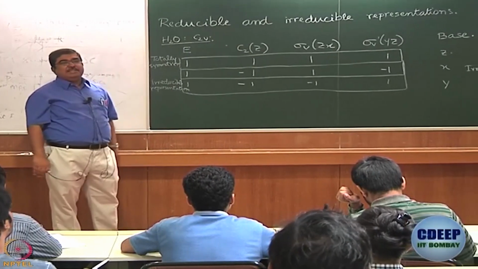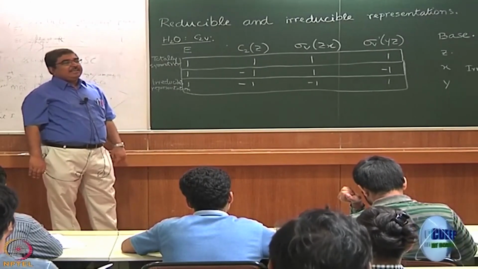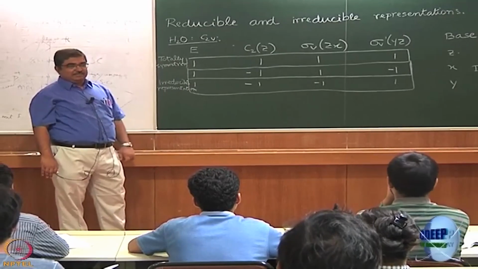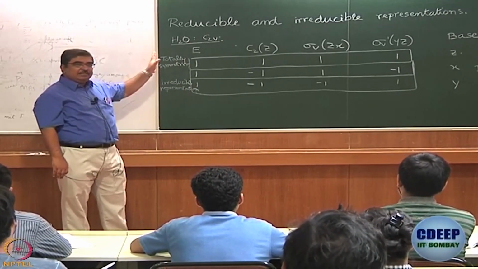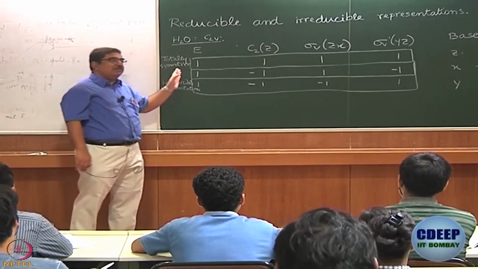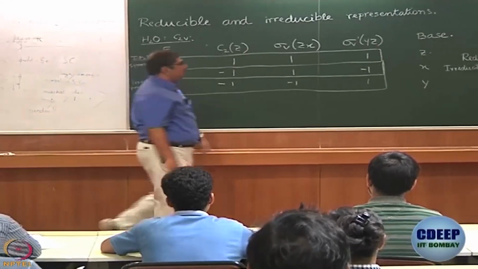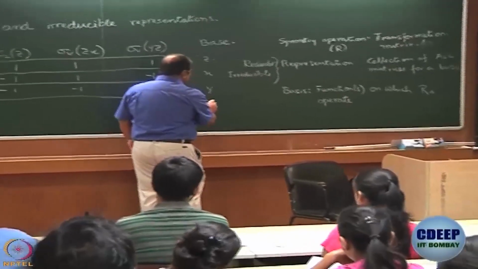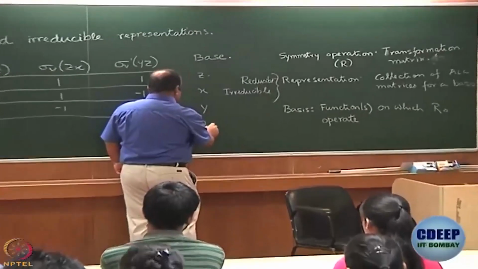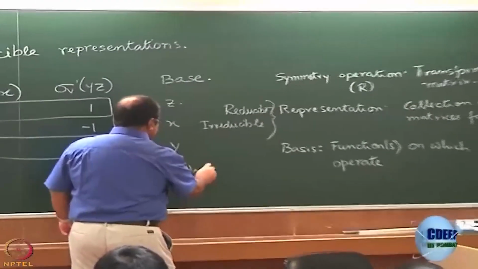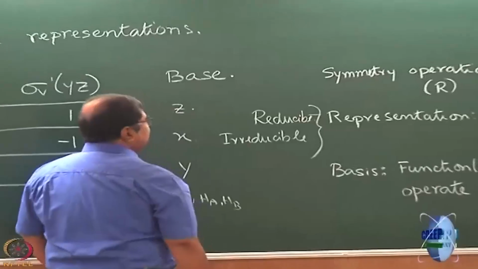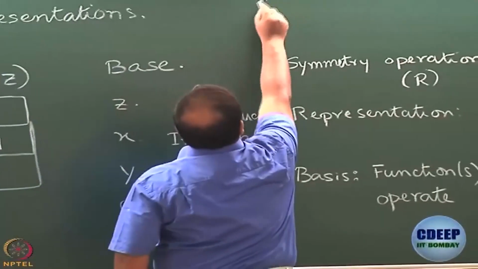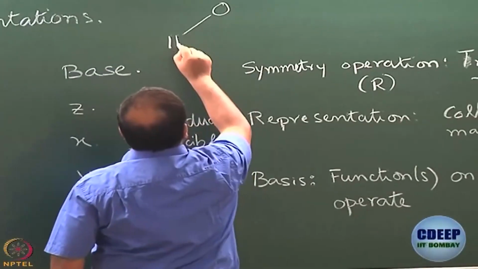Now, let us do something. Let us use a different basis and see if we get any new irreducible representation. C2v is what we are dealing with. The simplest C2v molecule that we know is water, so let us use water. Now, I want to use O, HA, HB as basis. This is water.